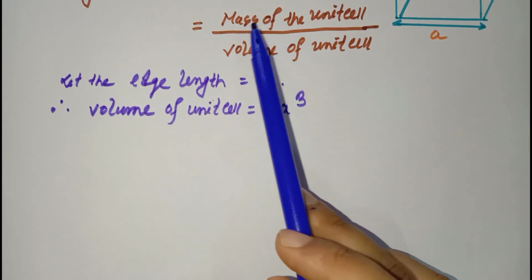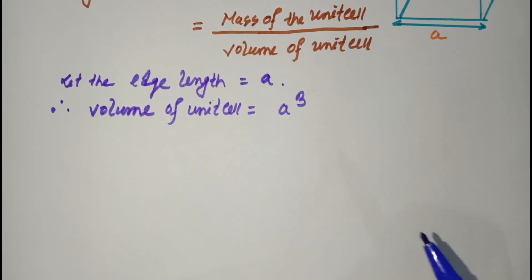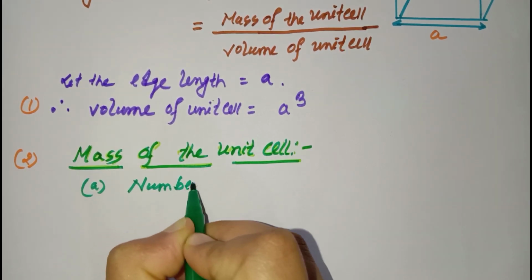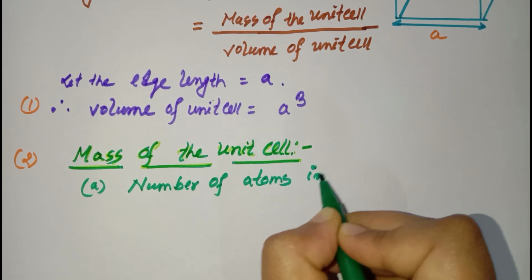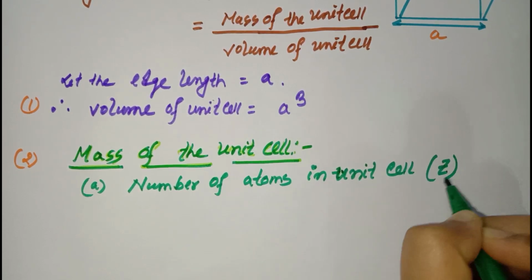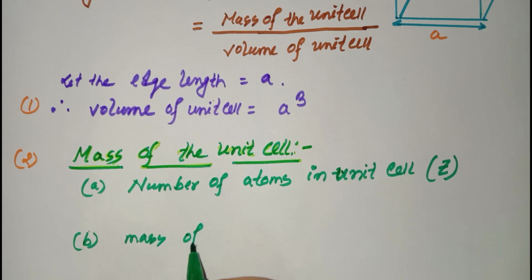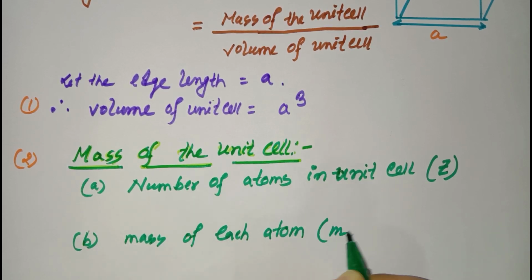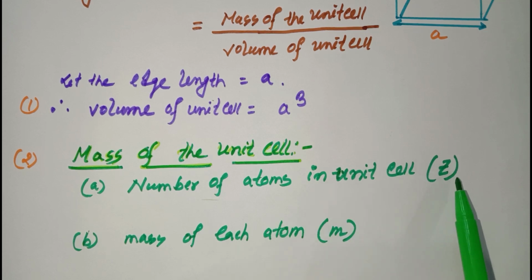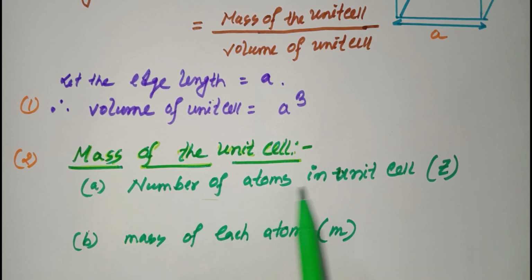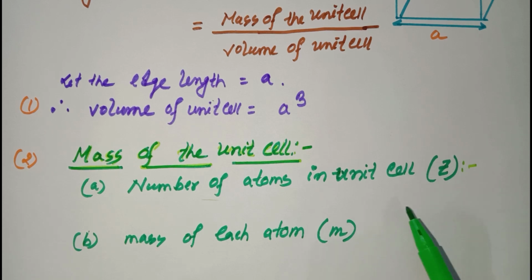Now to calculate the mass of the unit cell, we have to know two terms. First one is the number of atoms in the unit cell, which is represented by Z, and the mass of each atom, small m. We already calculated the number of atoms in a unit cell.